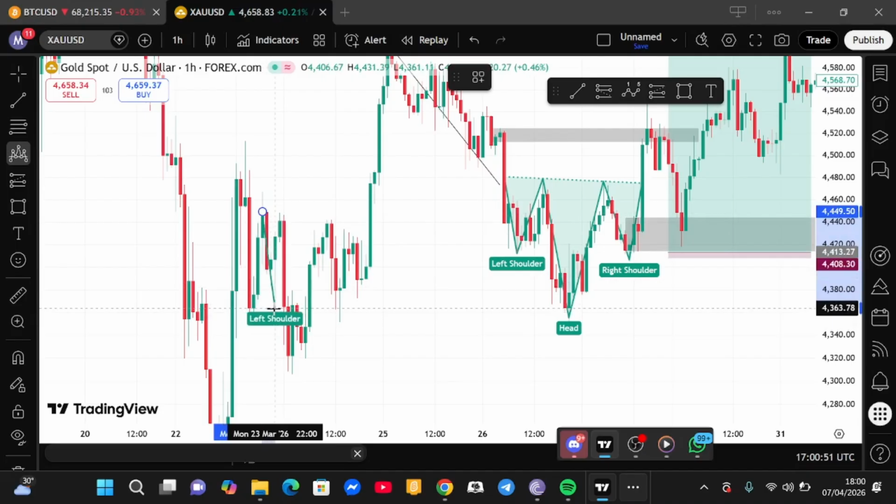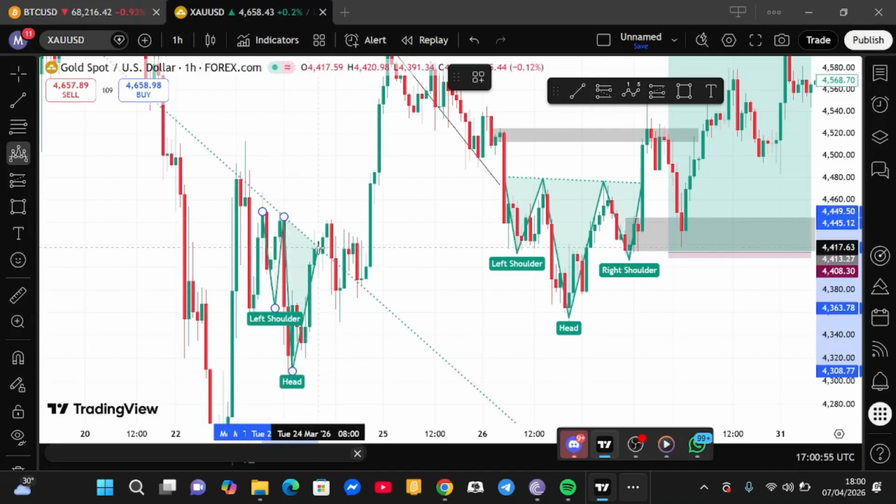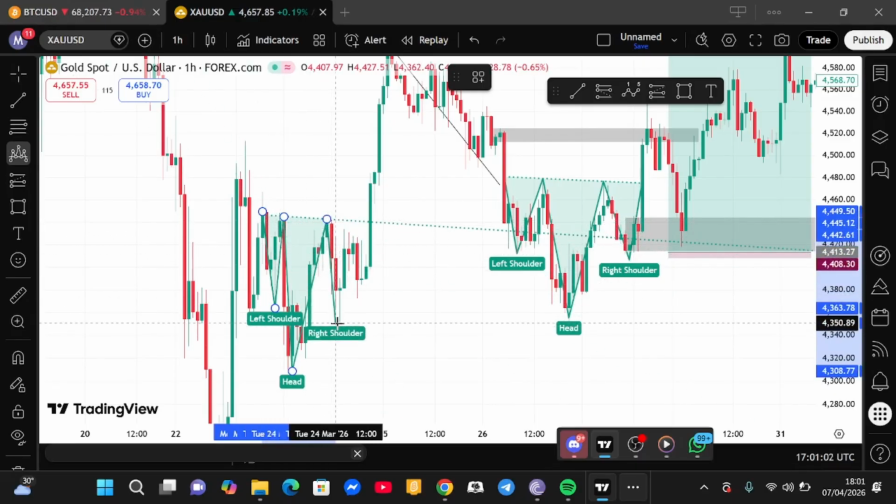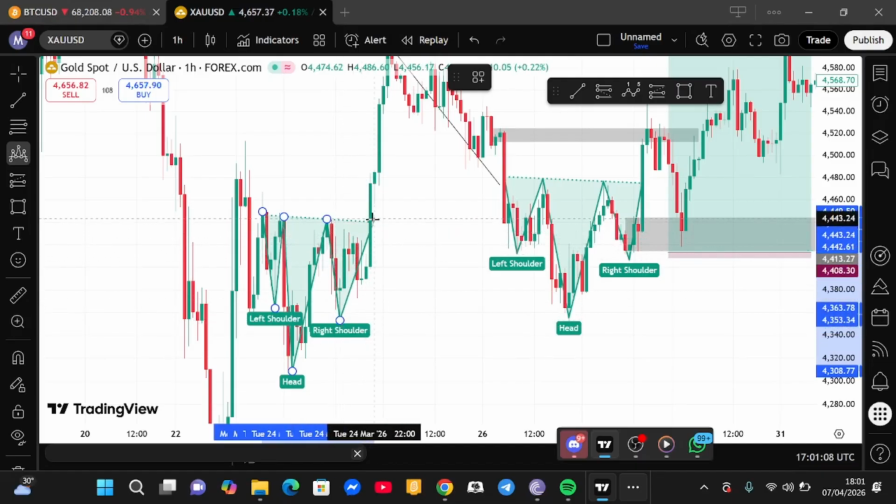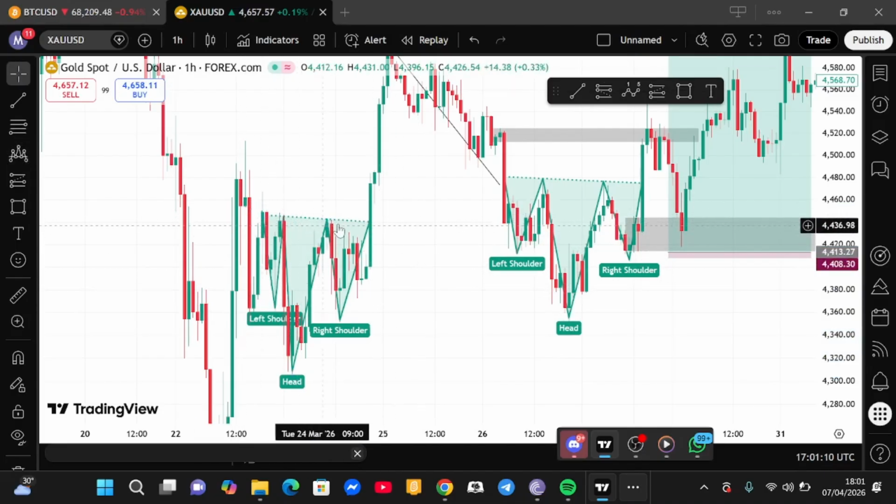So you see that's an inverse head and shoulder at this point. Very interesting. So you see our neckline.